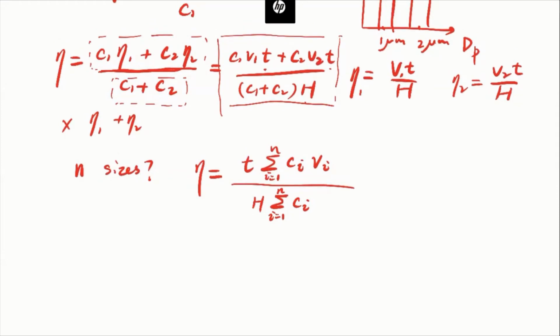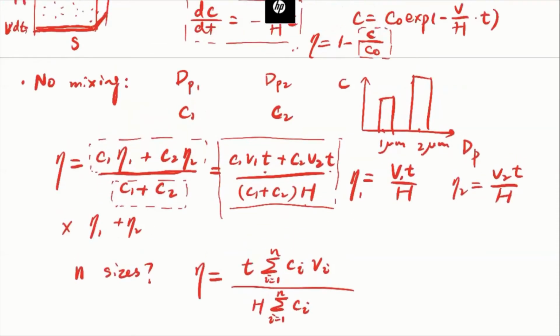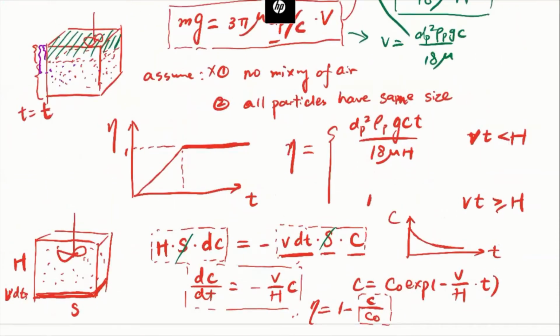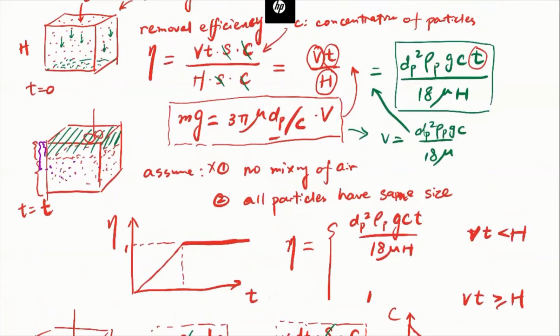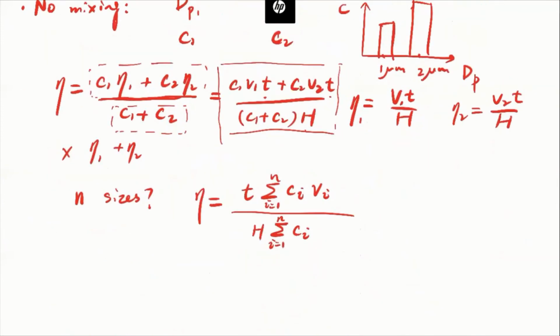When n equal to 1, this is what we get in the first equation here. It's just Vt divided by h, mainly because the c term here got canceled. And when n equal to 2, you can see that it's actually just this equation here.